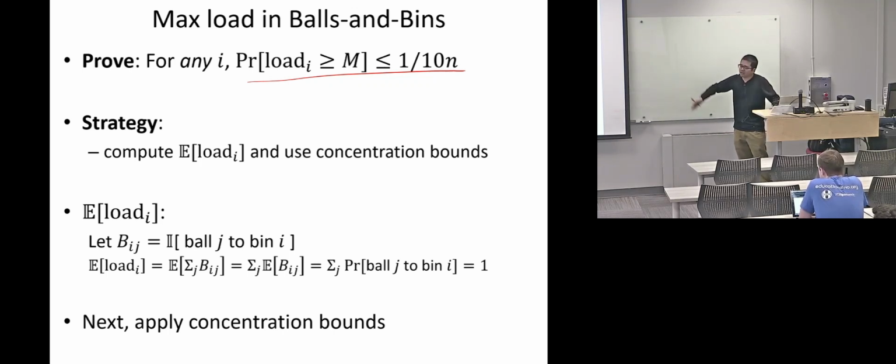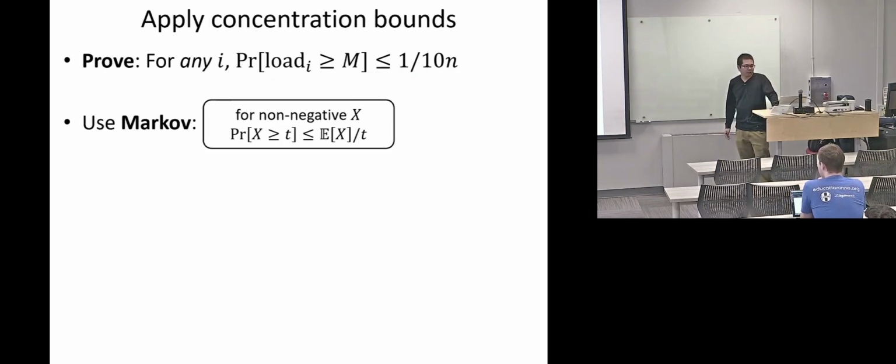We have seen this. So next is just to try to show that it's concentrated, close to the expectation. And we have a bunch of choices of bounds that we know how to apply. So let's try to apply Markov. Right, this is the Markov bound.